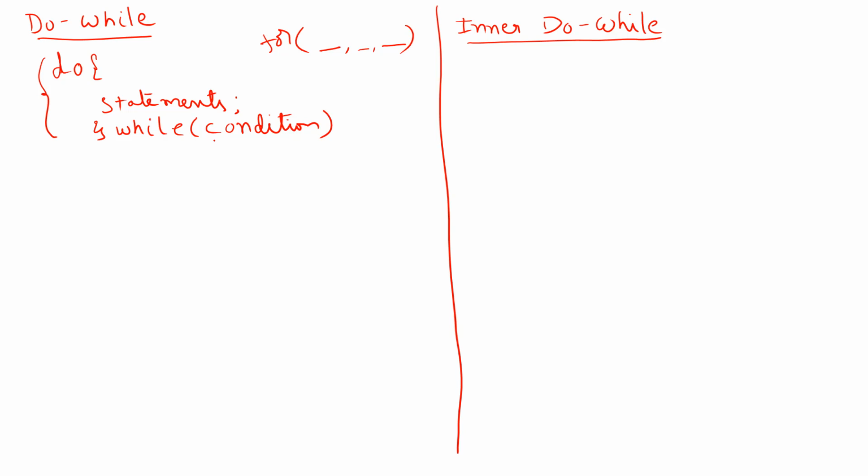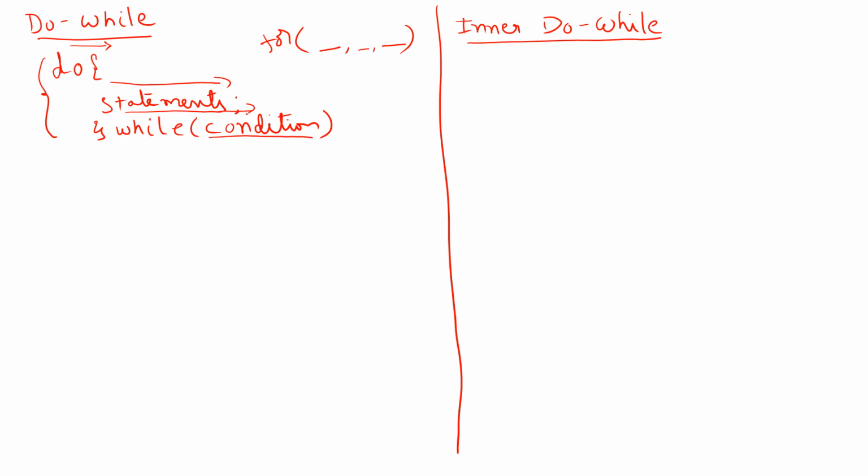Definitely we check the condition here, but where do we initialize the variable and where do we increment or decrement the variable? Normally we initialize the variable before this do while loop, and within this do while loop we will increment or decrement the operator.